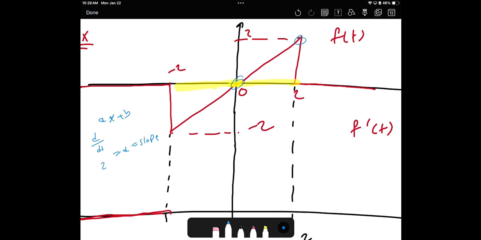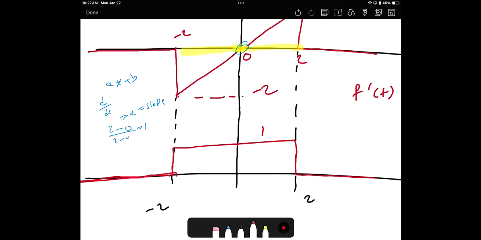So the slope will be 2 minus 0 over 2 minus 0, so the slope will be 1. Then during this, it will be 1. After t larger than 0, it will be back to 0 because the derivative is 0. Okay? Then we will say that this is f bar of t equals u of t, right?